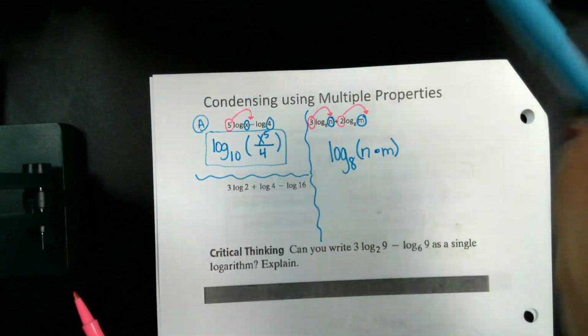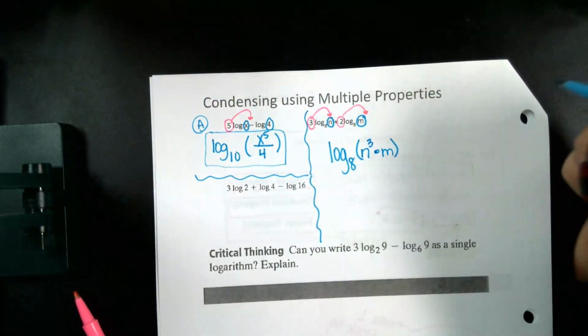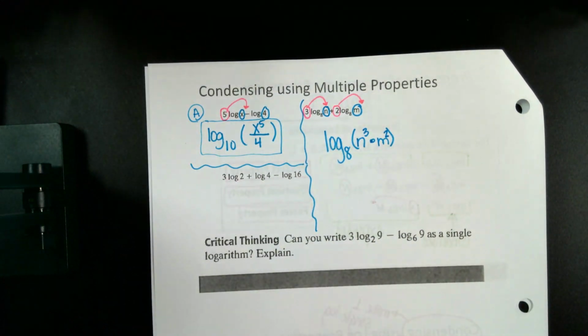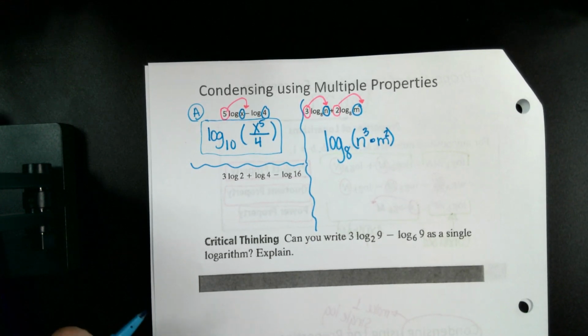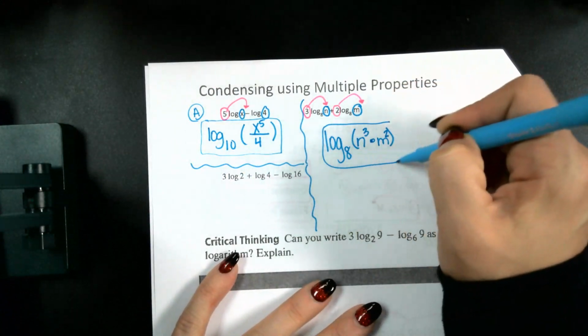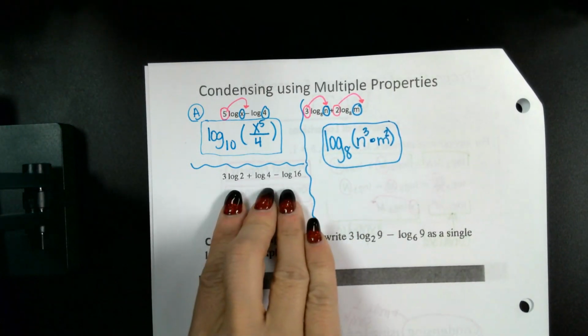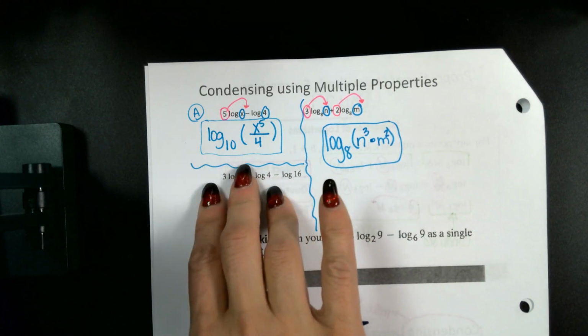So the n is n to the third, and the m should be m squared. You guys okay with those properties? Okay, now this one here, we got several things happening.